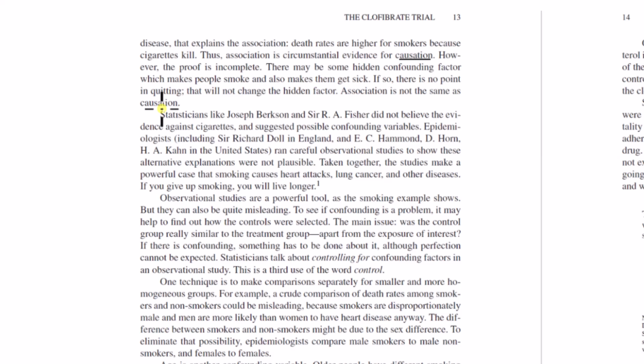The confounding factor, on why it may not be causation, could be that people who smoke have bad health habits, right? If you did a true controlled experiment, you would have a mixture of healthy people who exercise and run, a good mix, but some would smoke, some wouldn't smoke, and you would see what happens.